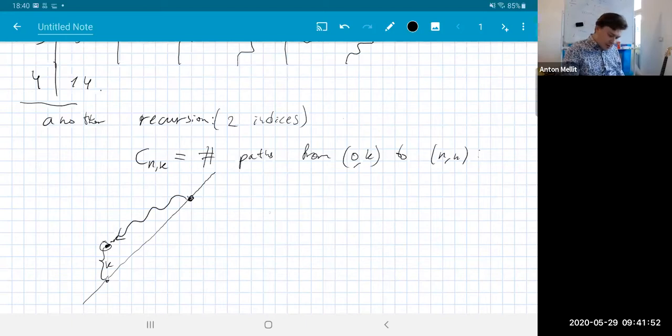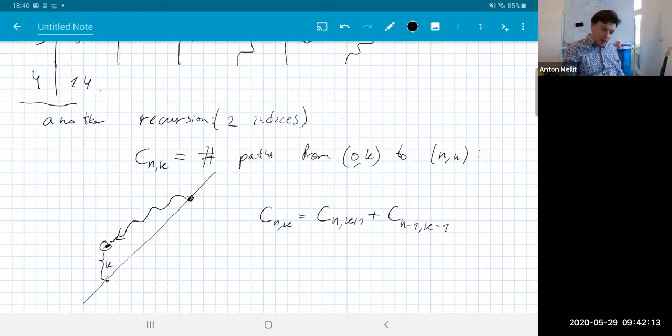So you get C_{n,k} equals either C_{n,k+1}, from above, or C_{n-1,k-1}, from the right.